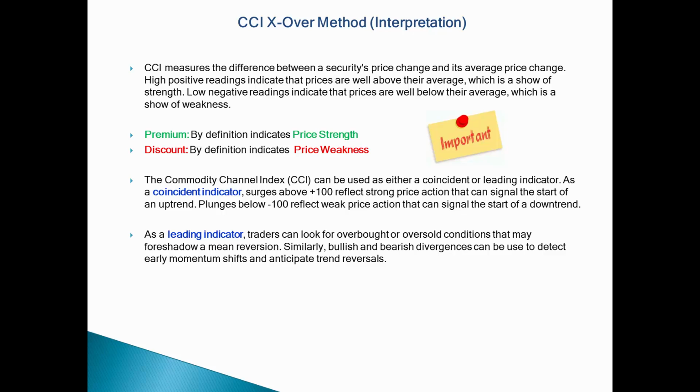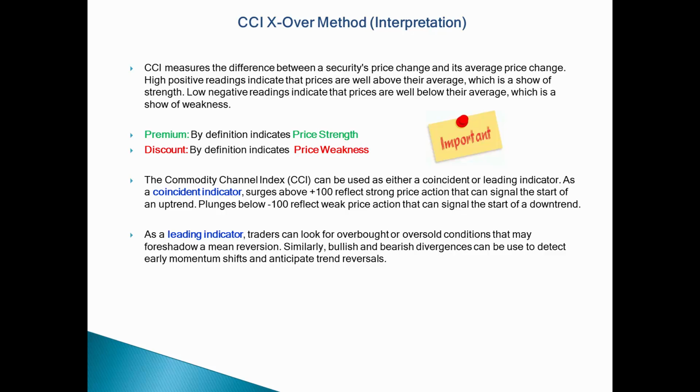As a leading indicator, though, traders can look for overbought and oversold conditions that potentially can foreshadow a mean reversion. So again, price divergences, bearish and bullish divergences come to mind. A lot of times when there's momentum divergence with price, that can foreshadow the beginning of a reversal.